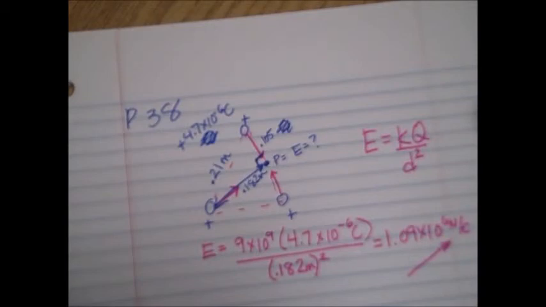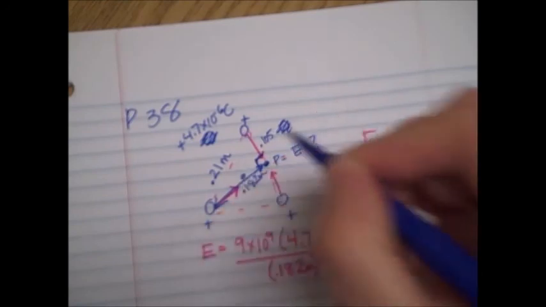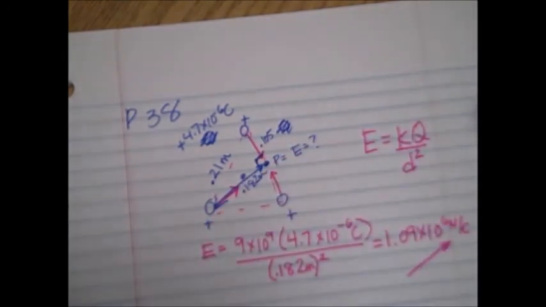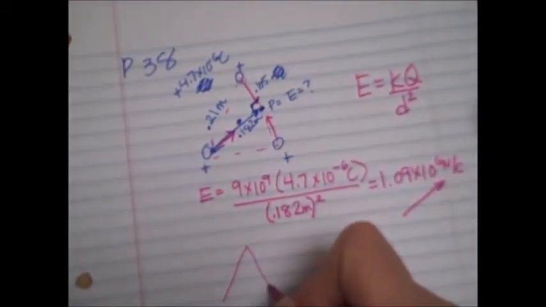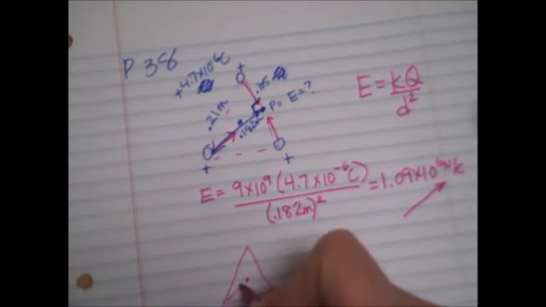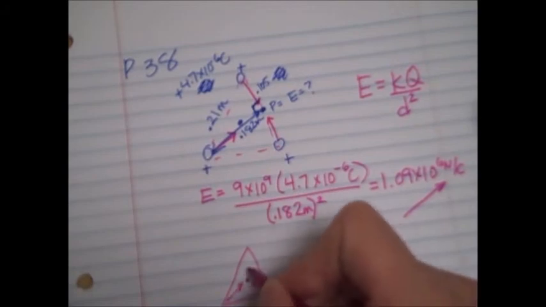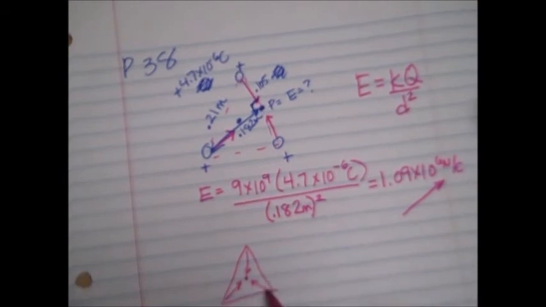For part B, is the magnitude of the electric field at the center of the triangle greater than, less than, or equal to the magnitude at the midpoint of a side? In the center, you might notice that these electric fields are all going in different directions.